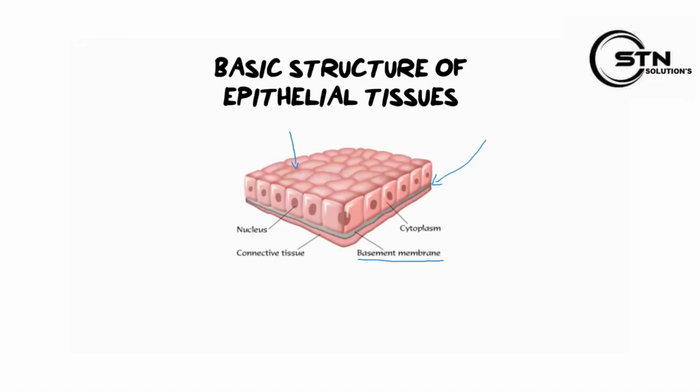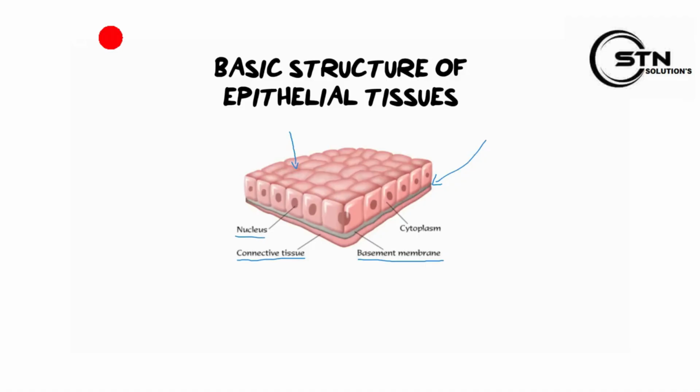You'll also notice that there is a thin layer of connective tissue sitting under the basement membrane, and that's simply because we need to connect the epithelial tissue to the tissue that is sitting underneath this epithelial tissue, which is sometimes fat or muscle. Another very defining feature of epithelial tissues are their nuclei.